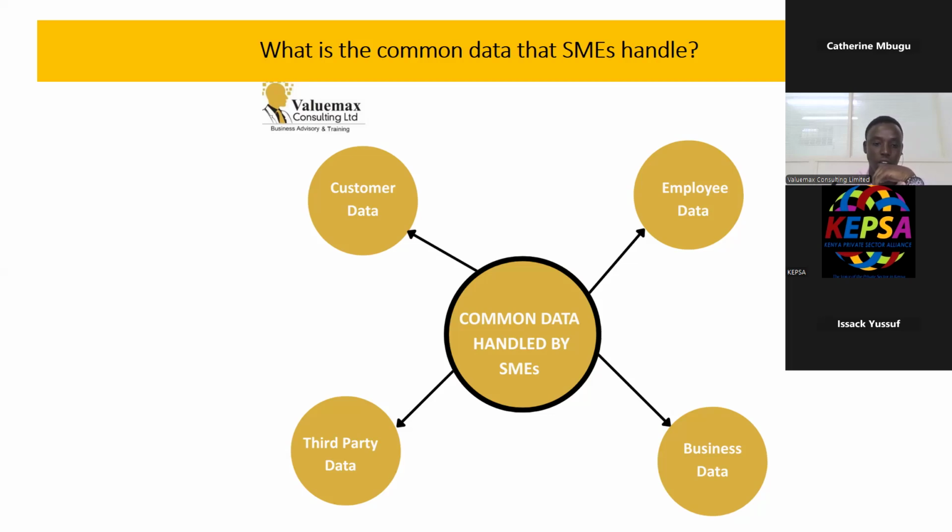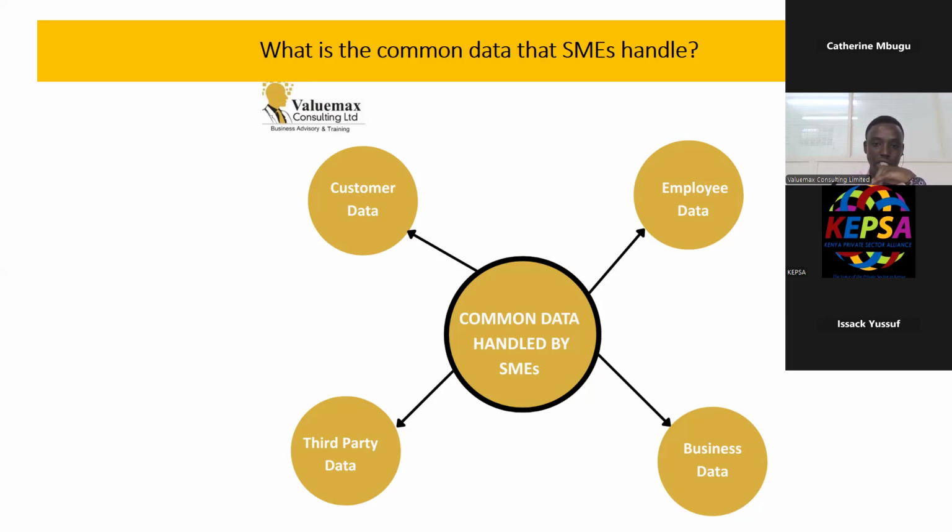And then there is also the third-party data. The third-party data is data belonging to your suppliers, or someone who supplies you with something. It can be even software, it can be supplying you with facilities, maybe the rent and so on. So this third-party data can include something like the contracts, the supplier details, and so on.